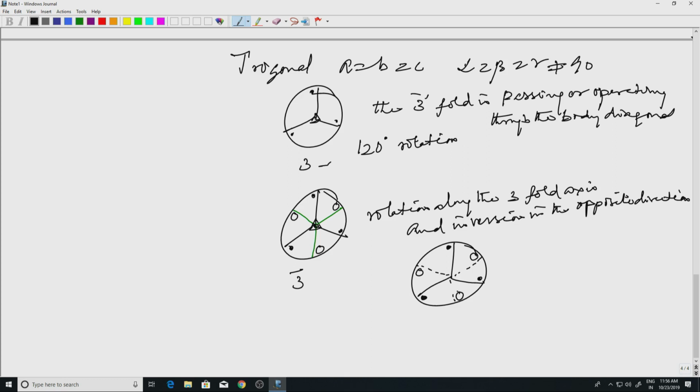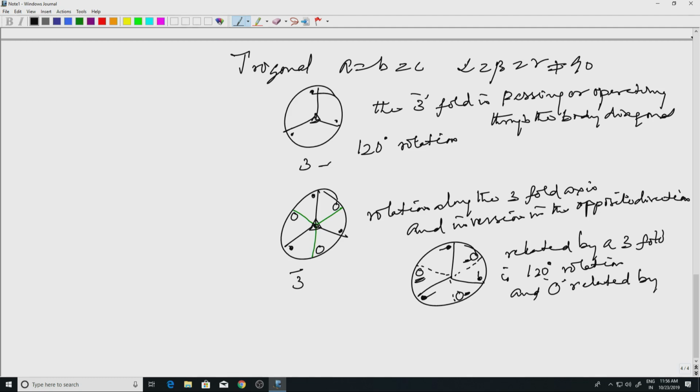Now we can see this 1, 2, 3 related by a threefold, that is 120 rotation, and the circles related by another threefold, that is 120 rotation.